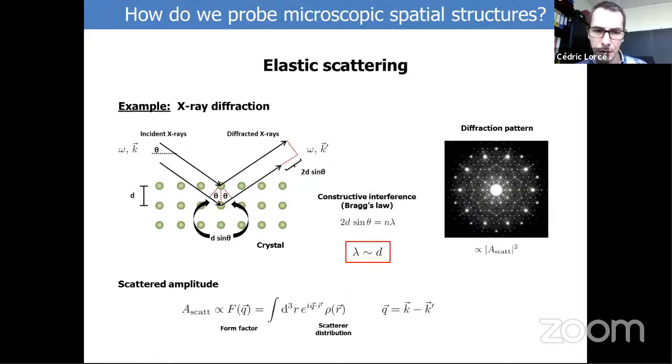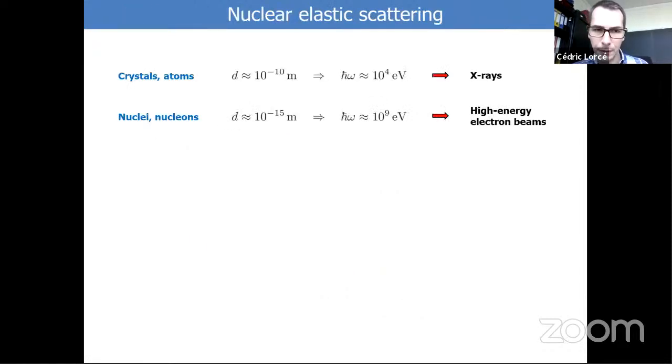So this is for a crystal. If you work with a crystal of atoms, the typical distance is around the angstrom, which means that you need energy of the order of 10 kilo electron volts, which is really in the range of X-rays.